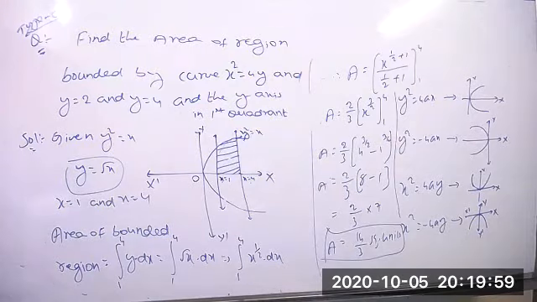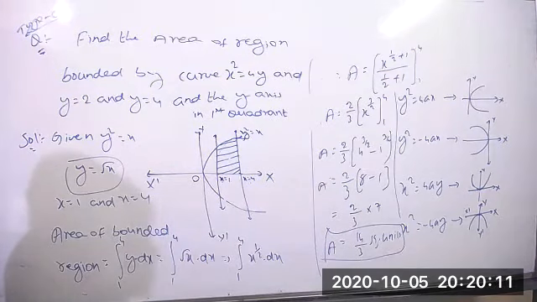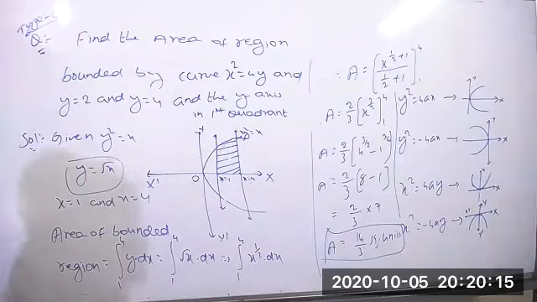If you take x square equal to 4y, how do we get the parabola? X square equal to 4y means it lies along the positive y-axis and passes through the origin.